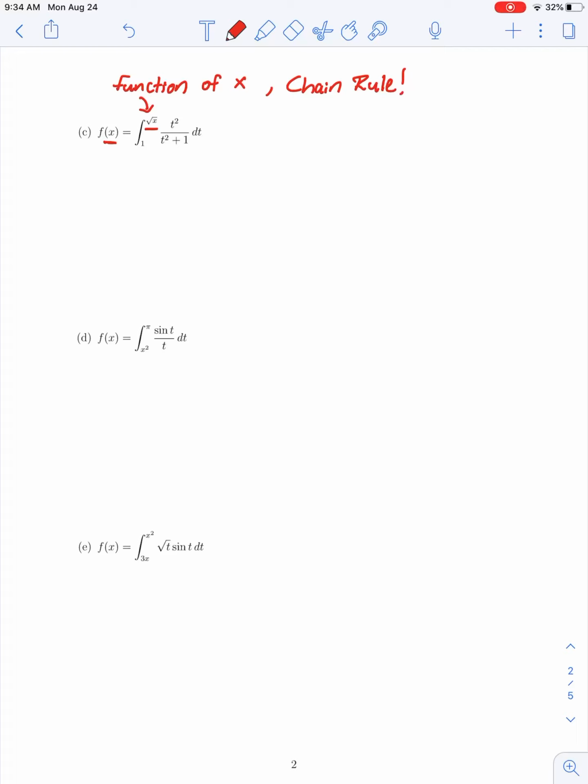So in this case, to take the derivative of our outer function, which is this integral defined function, we're going to make use of the fundamental theorem of calculus.